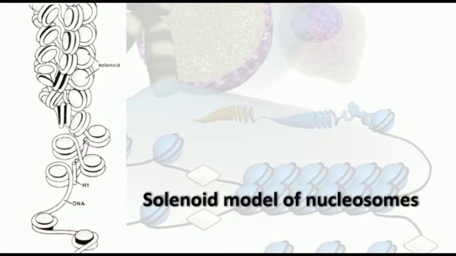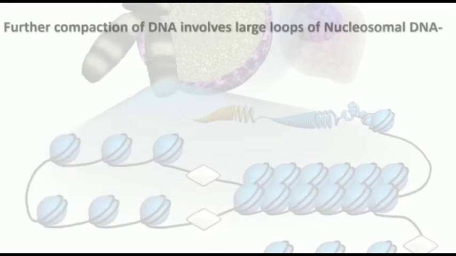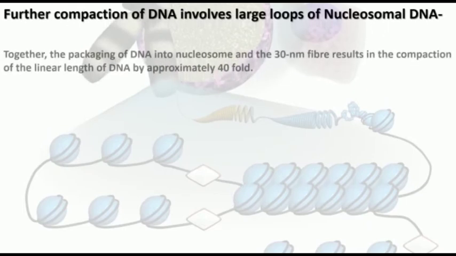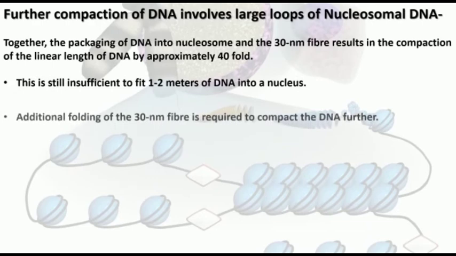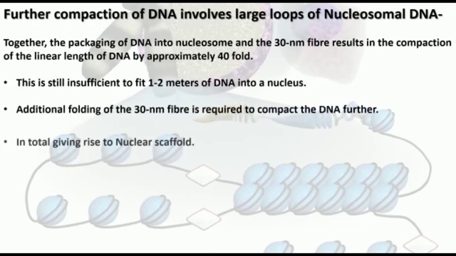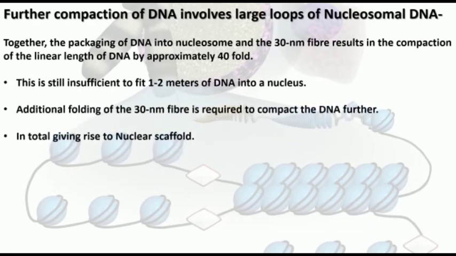Now, the further compaction of DNA involves large loops of nucleosomal DNA. The packaging of DNA into nucleosome and the 30 nanometer fiber results in the compaction of the linear length of the DNA approximately 40-fold. But this is still insufficient to fit 1 to 2 meters of DNA into a nucleus approximately 10 to the power minus 5 meters across.